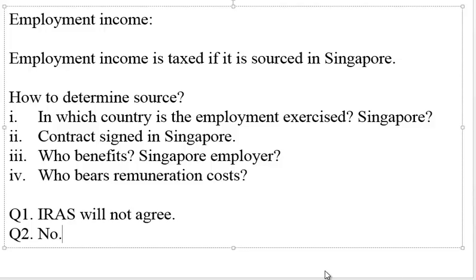Last time I mentioned, directors have a special case. They are not the same as the employees. For a director, where the income is sourced depends on where the company is resident. So you can mention here, special case for directors.